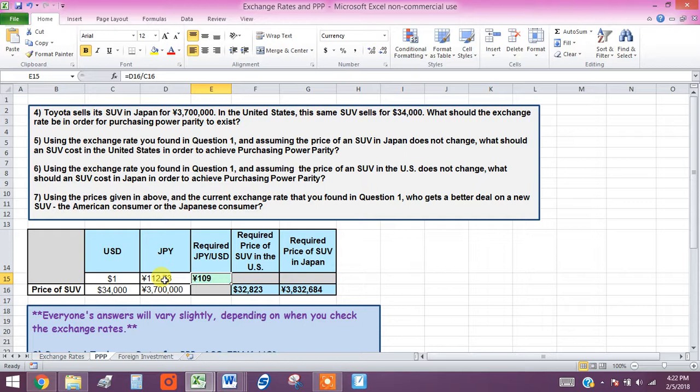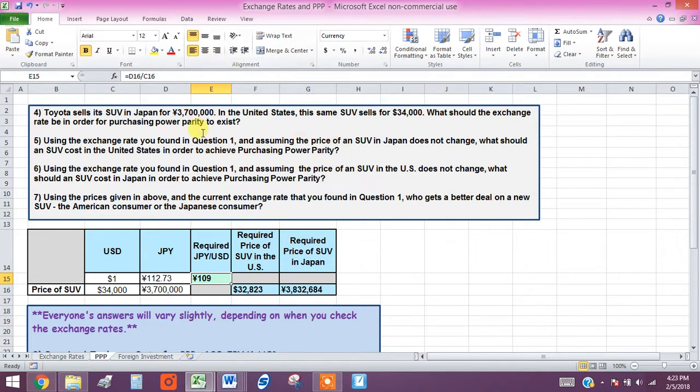So don't worry if your answers are not exactly like mine, because the current exchange rate of a yen to a dollar is going to be a little bit different. Okay, but using this one right here that I found in question 1, and assuming the price of an SUV in Japan does not change, what should an SUV cost in the U.S. in order to achieve purchasing power parity?